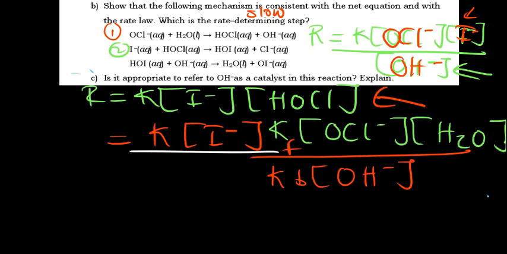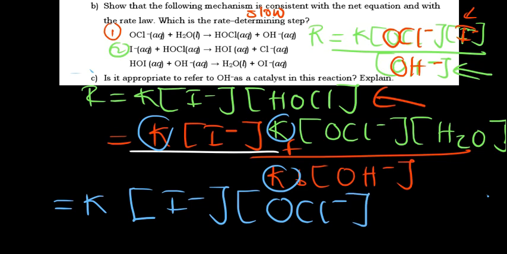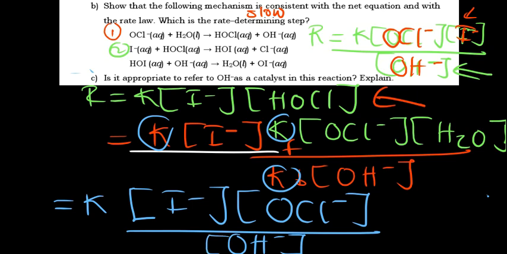So all the k's can be multiplied together, they can divide together to form one k. So this k multiplied by that k divided by this k is just a constant. And then we remain with iodide on top, and then OCl negative over hydroxide on the denominator.